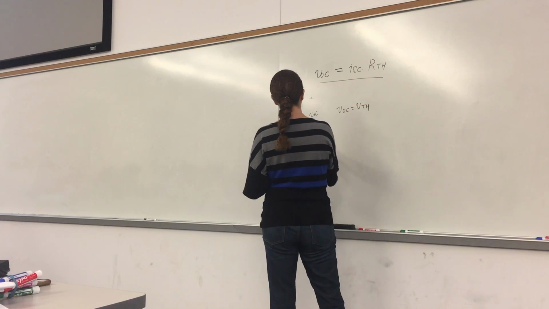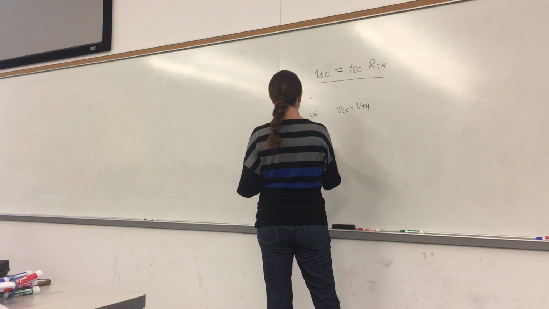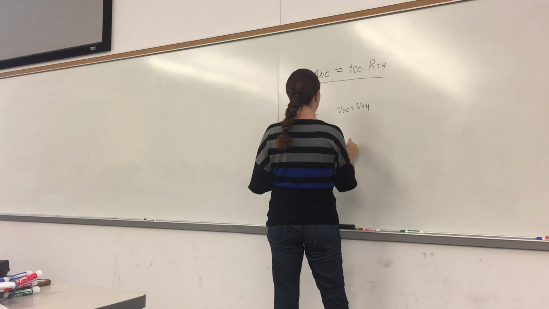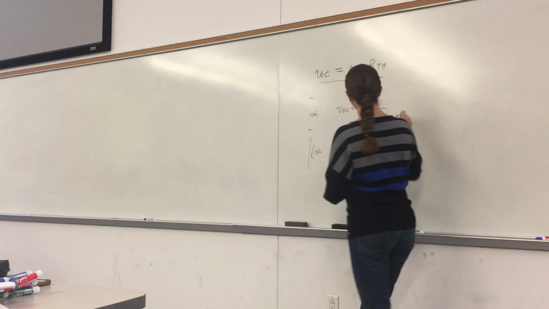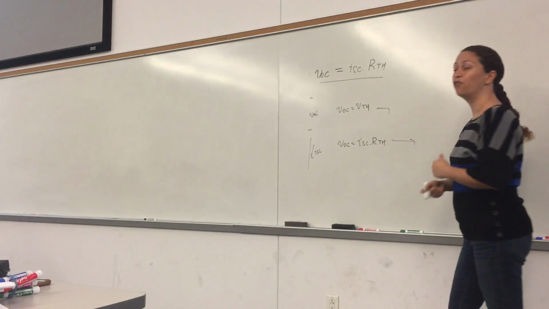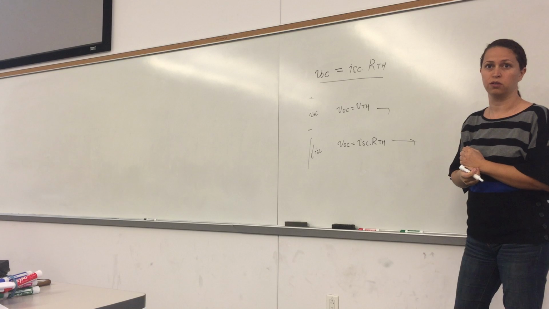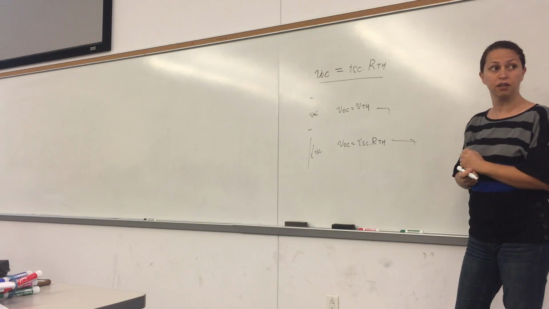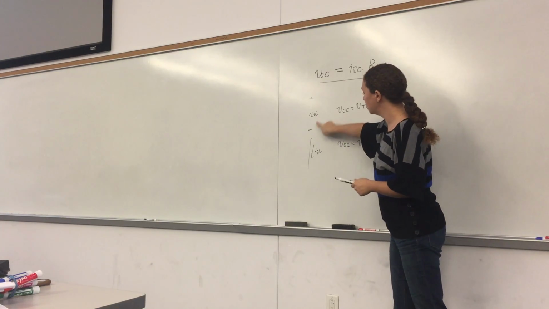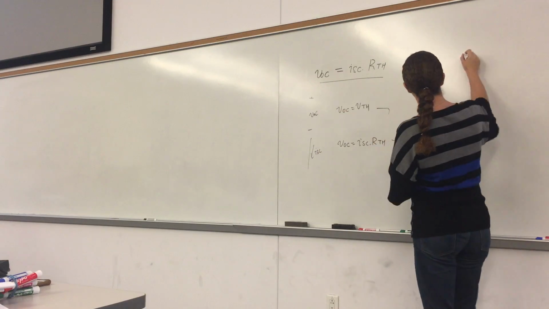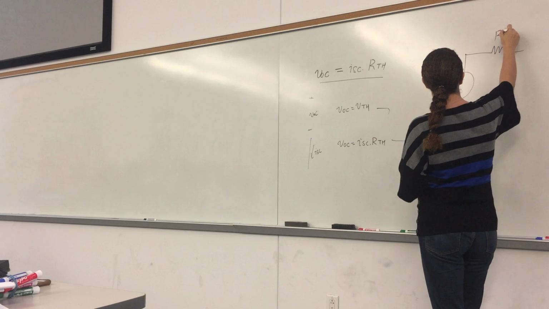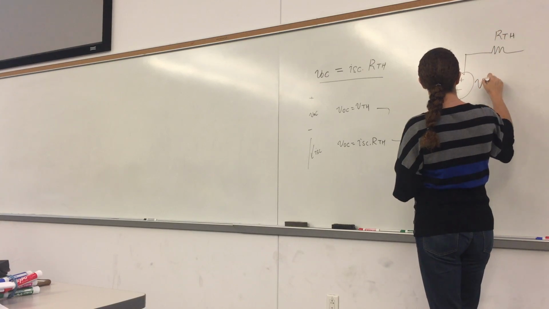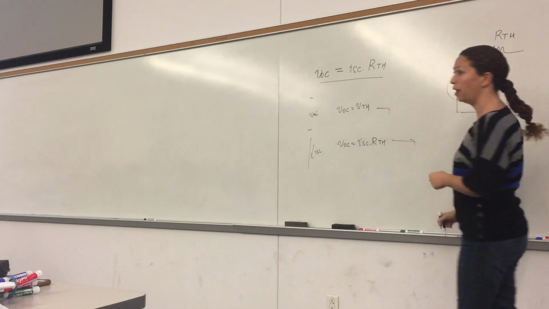And then we find ISC, then we say VOC equals ISC times RTH. All those equations are correct for a particular polarity choice, okay? You have to be careful how you define VOC and how you define VTH in that equivalent circuit so that VTH becomes equal to VOC, okay?